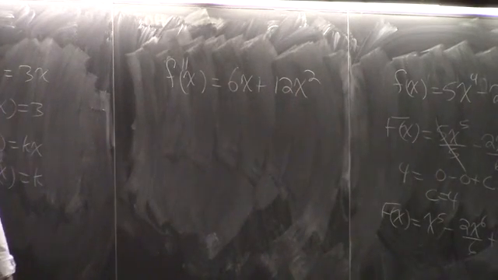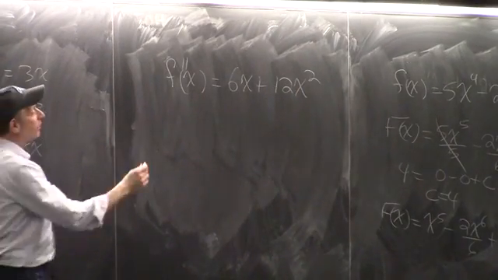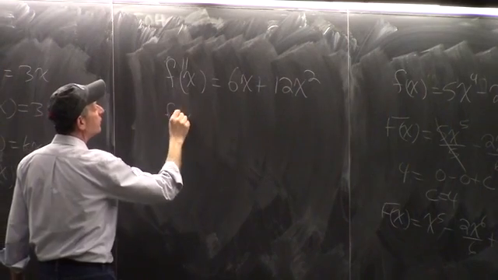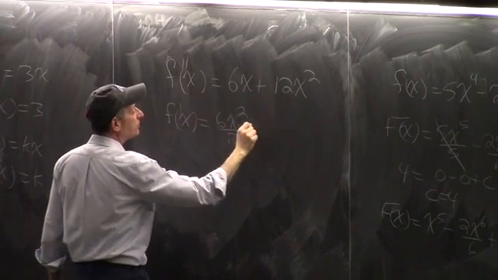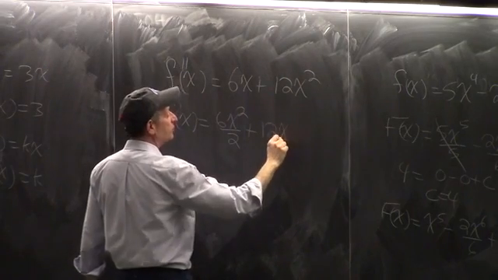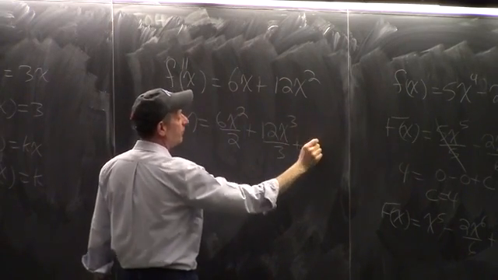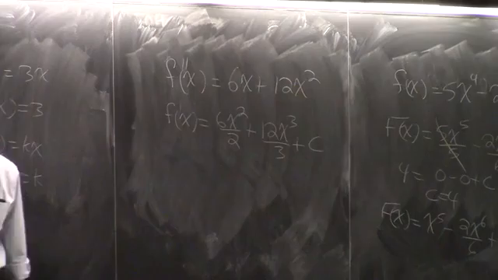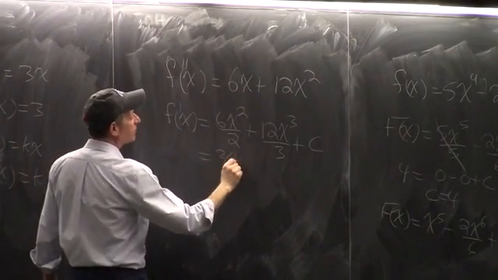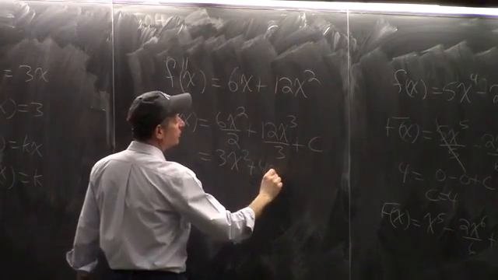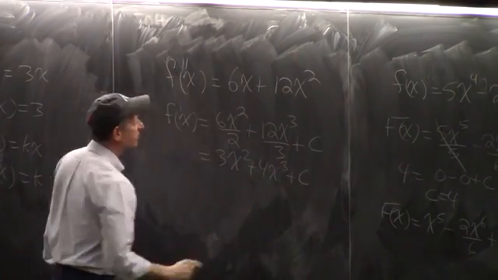Find the original function. You knew this was too easy. All right, well, the first derivative would be 6x squared over 2 plus 12x cubed over 3 plus a constant, which we can simplify to 3x squared plus 4x cubed plus some c.